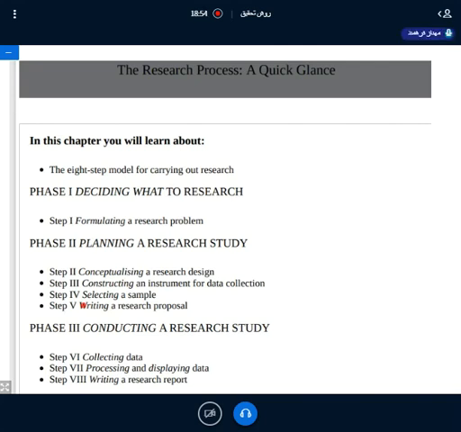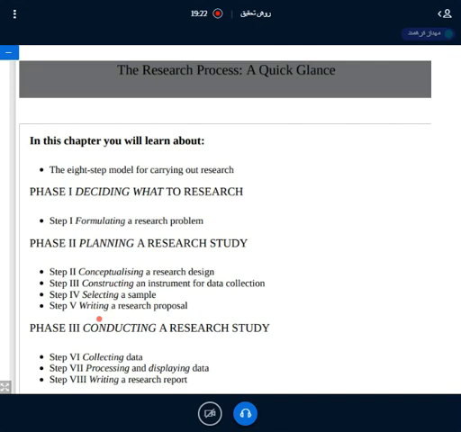Step 4, selecting a sample. Step 5, writing a research proposal. You can see the 4 steps of planning a research.